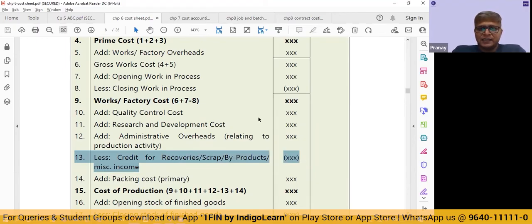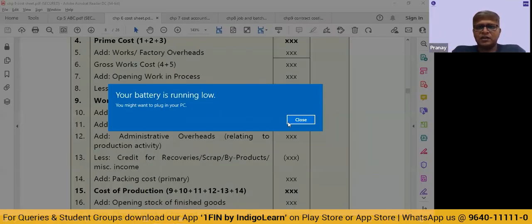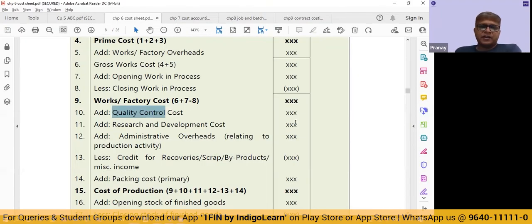So see, what happens is, we have produced units. Let's say we have produced 100 units. Then we did our QC. During the QC stage, we found out that one unit is defective. We cannot use or sell that product, and we decided to scrap it.